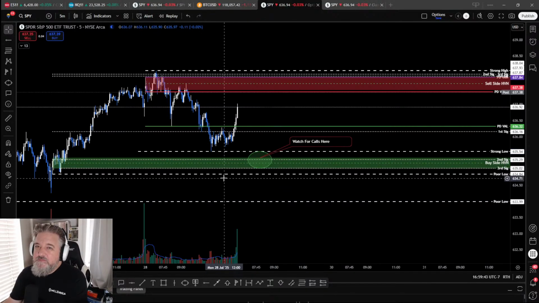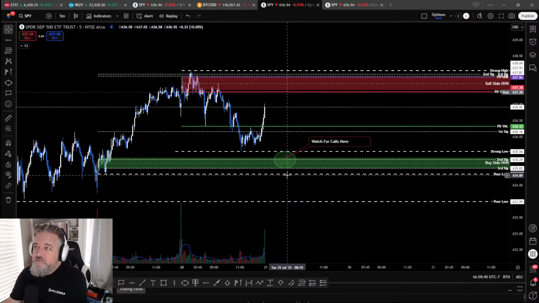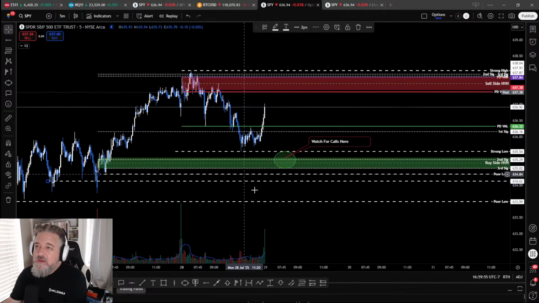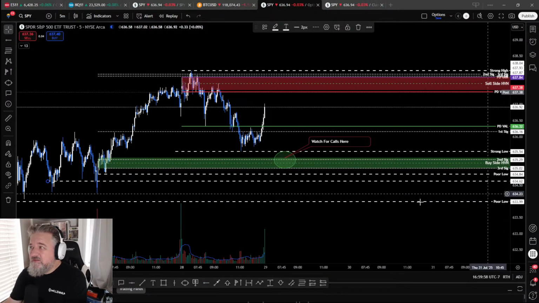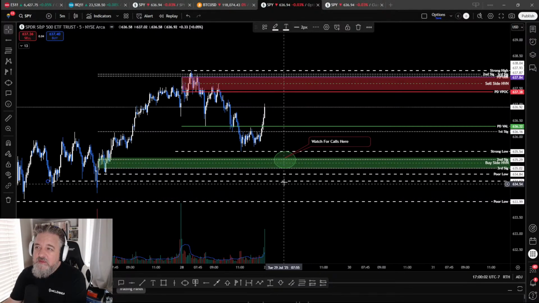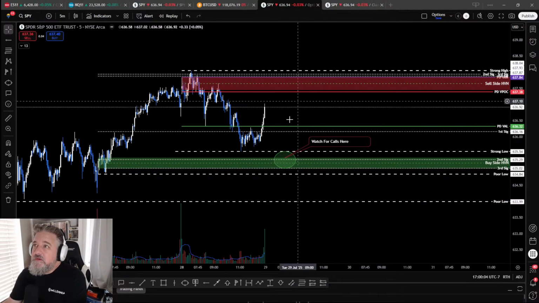And with this said, if we lose this poor low, you want to give them a tiny bit of room. Basically, if we don't bounce by probably right around here, which is 634.62, you can close your puts and take your stop loss.